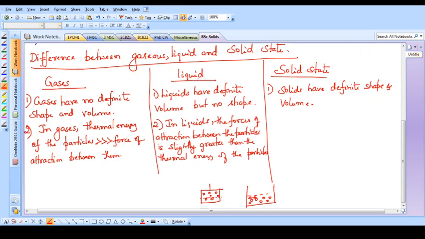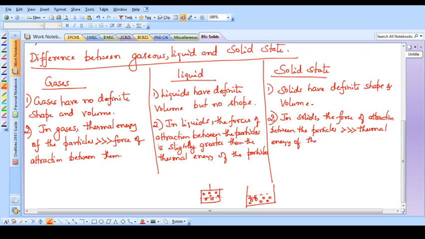What about solids? Since solids have definite shape and definite volume, you can understand what I'm going to write now. In solids, the force of attraction between the particles is much greater than the kinetic or thermal energy of the particles.